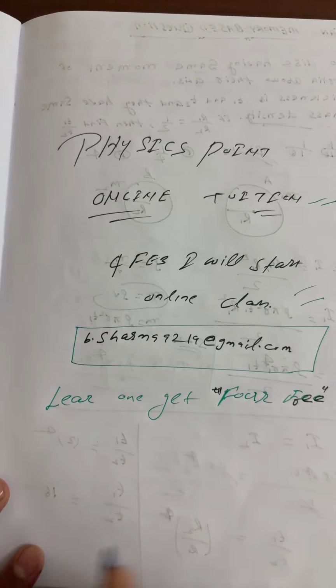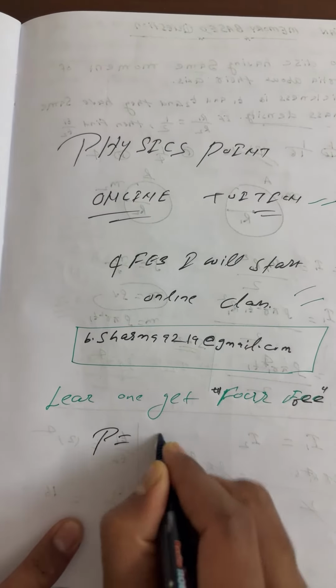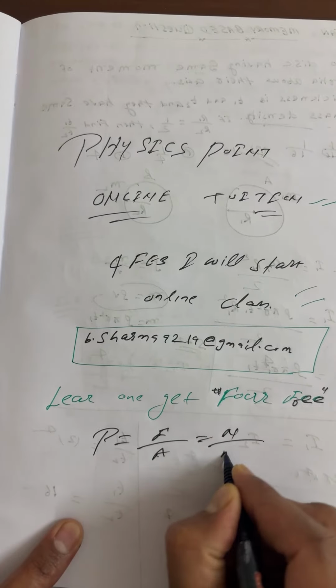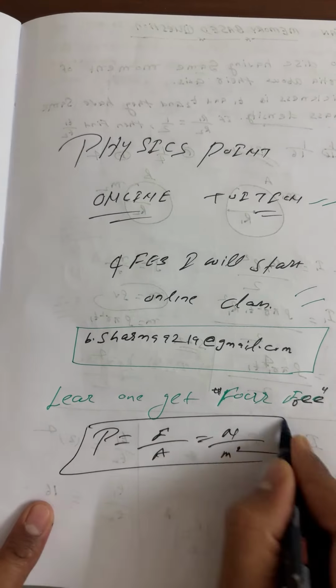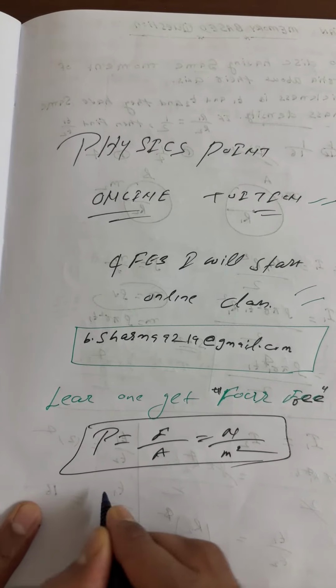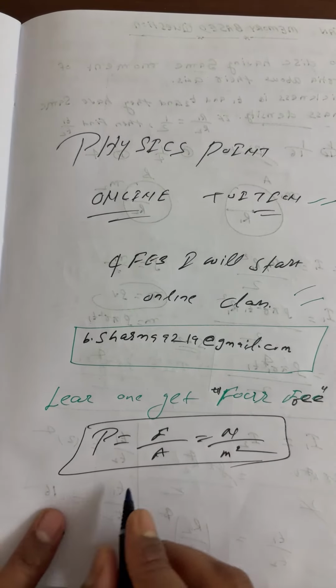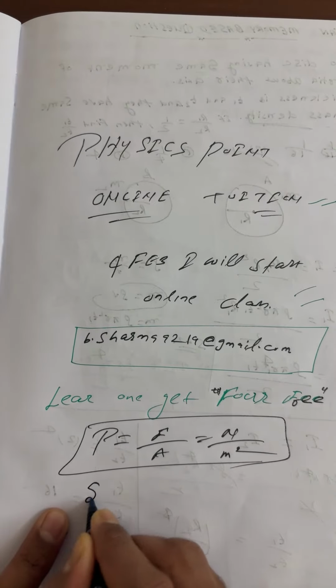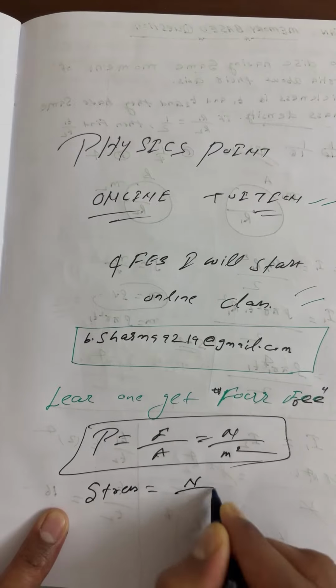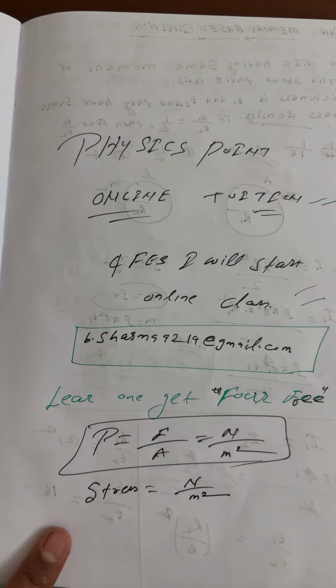Now, I hope all of you remember pressure is force per unit area. So what can you write? Newton per meter square. Just remember pressure. For pressure, you can compare stress. Stress, again, has the unit Newton per meter square.